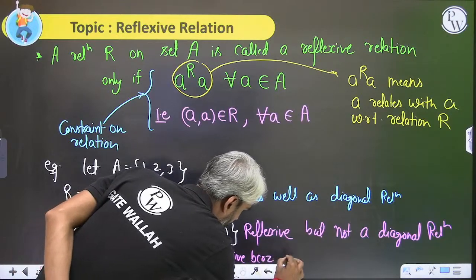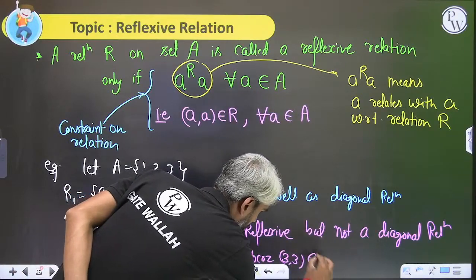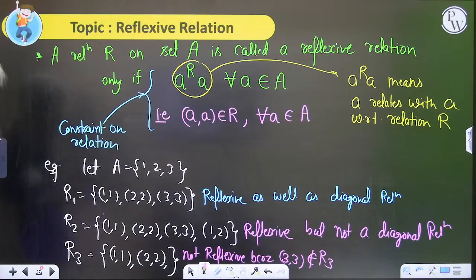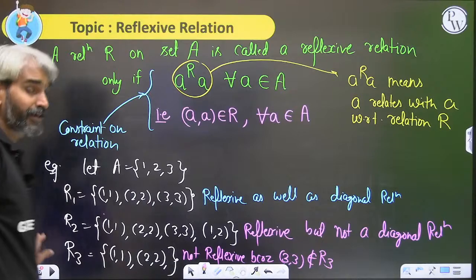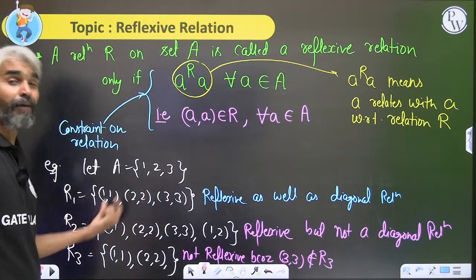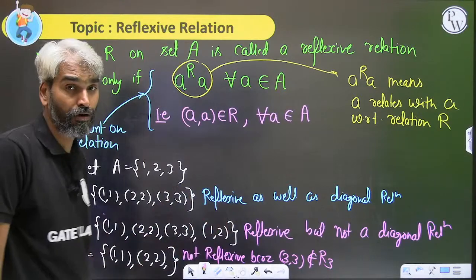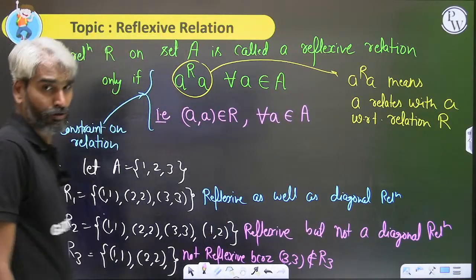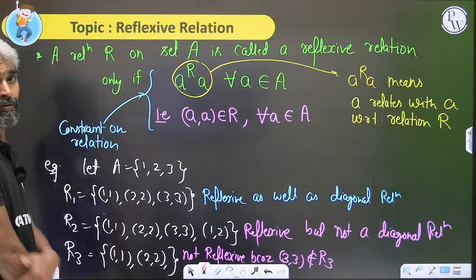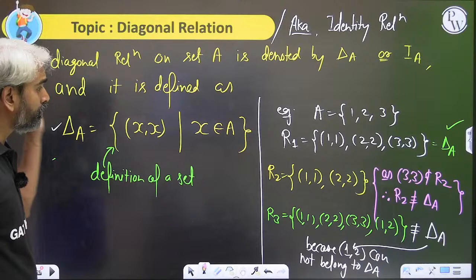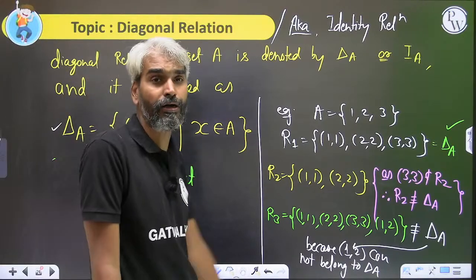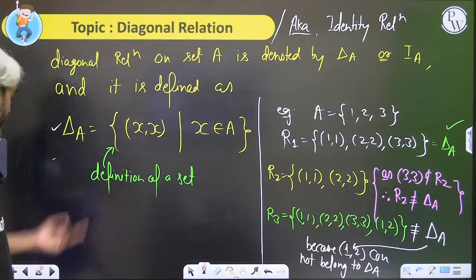So if any of the diagonal order pairs is missing, it cannot be reflexive. For a relation to be reflexive, all the diagonal order pairs must be present. Apart from diagonal order pairs, some non-diagonal order pairs may or may not be present. There's no restriction on the presence or absence of the non-diagonal order pairs, but all diagonal order pairs must be present. In the diagonal relation, the only thing that is allowed is the diagonal order pairs. None of the non-diagonal order pairs should be present in a diagonal relation, right?